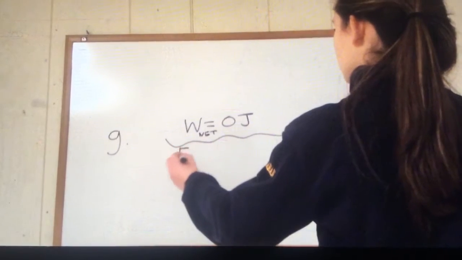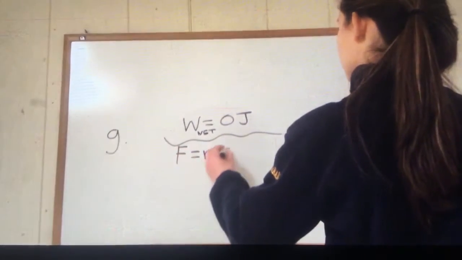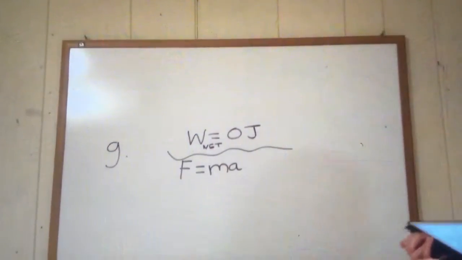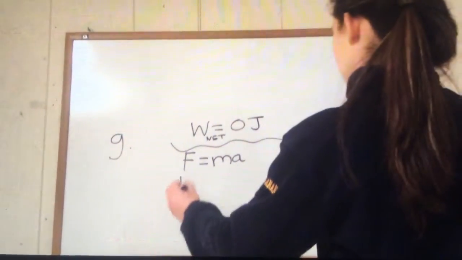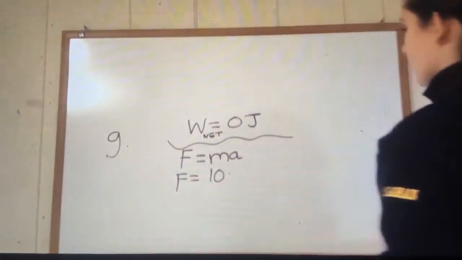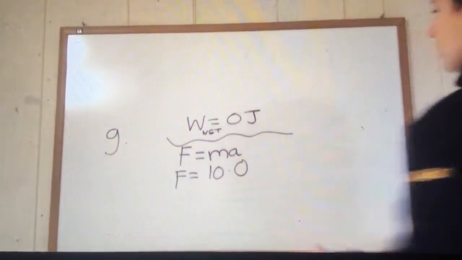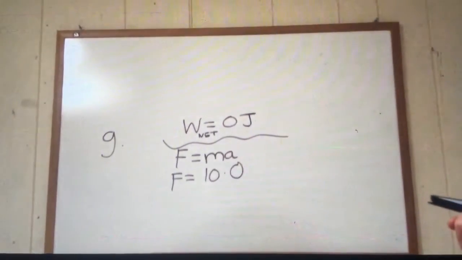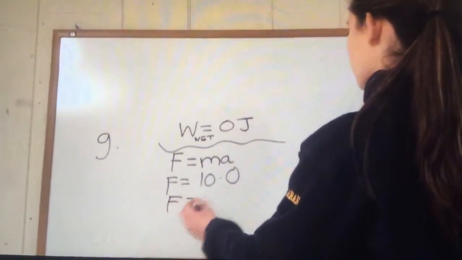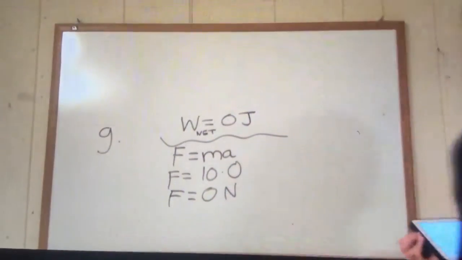From Newton's laws, we know that force is equal to mass times the acceleration, commonly F equals ma. Force equals the mass, 10 kilograms, times the acceleration, which is 0, since the sled is moving at a constant velocity. Therefore, the force is equal to 0 newtons.